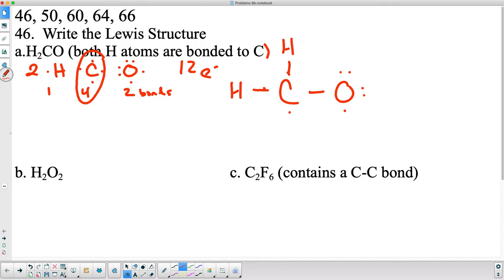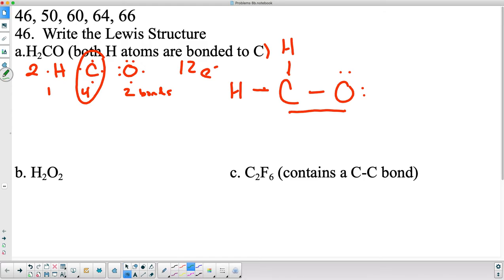Anytime we have an extra, not an extra bond, an extra valence electron, anytime we have a single valence electron, like we do here with oxygen and here with carbon, then we should link them together to make more than a single bond between the two elements. Here's the reason why. I just switched colors so I can show you.